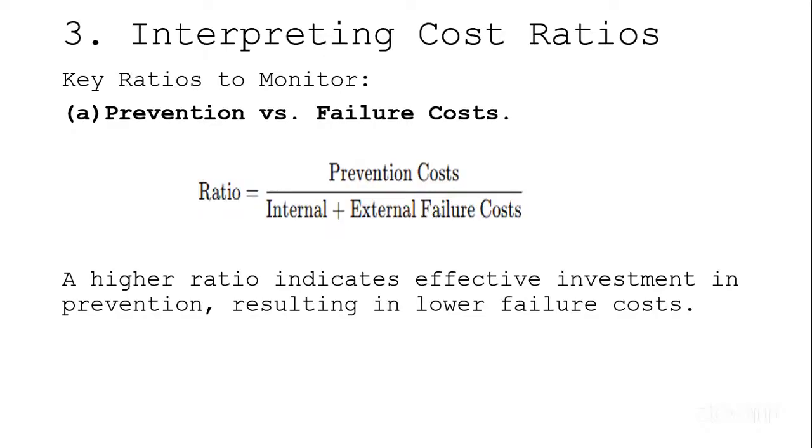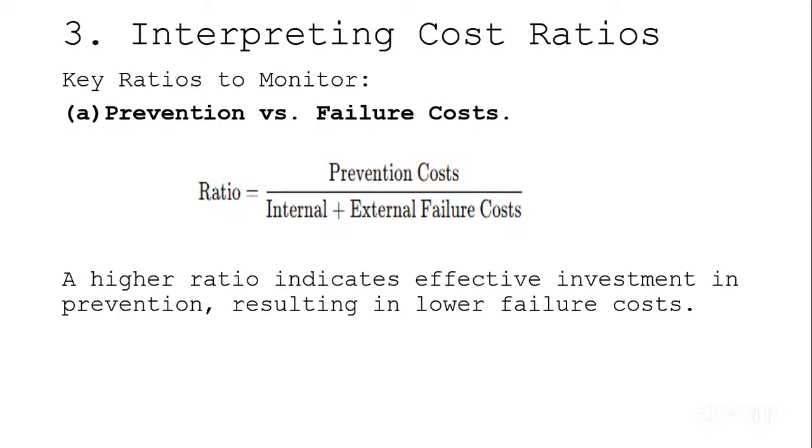But if your prevention costs are 2 and a summation of your internal and external costs is 5, that will give you 0.4.